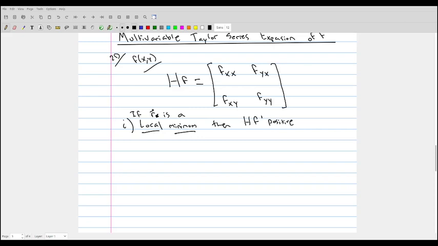The Hessian matrix at R star is positive definite, which is a property that any matrix may or may not possess.